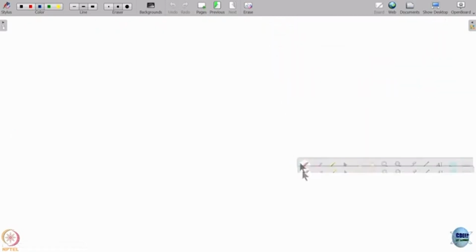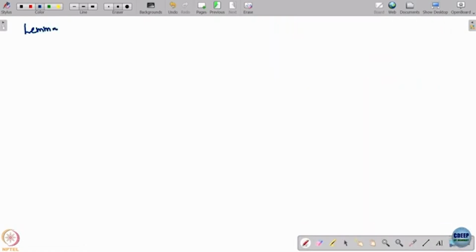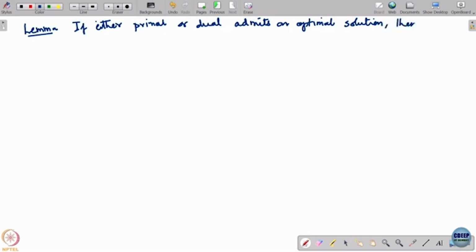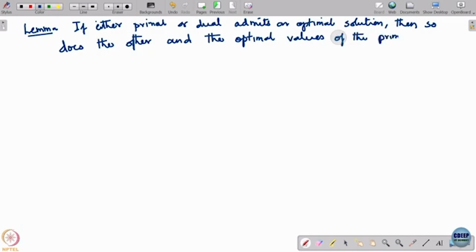Okay, now so these are, as I said, very specifically crafted problems, and they enjoy a particular property, and that property is what is called linear programming duality. Okay, so this is the theorem: if either primal or dual admits an optimal solution, then so does the other, and the optimal values of the primal and dual are equal.